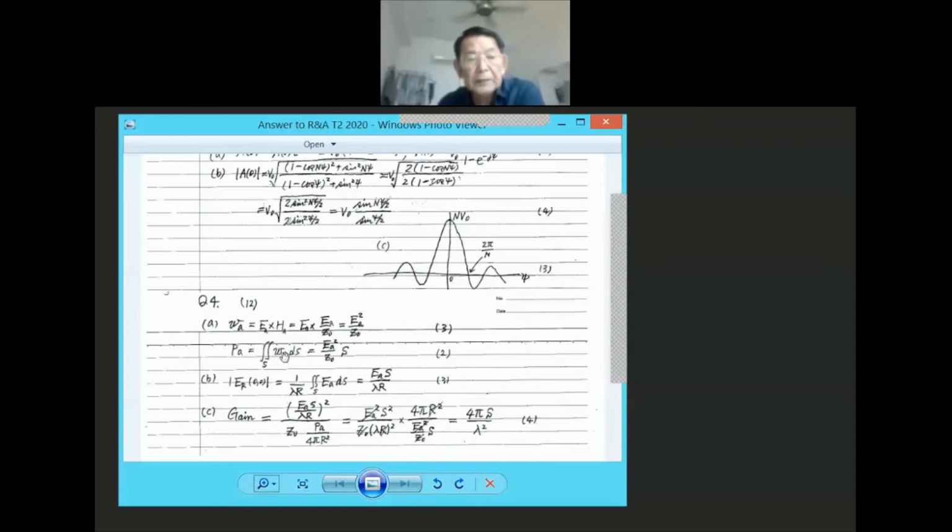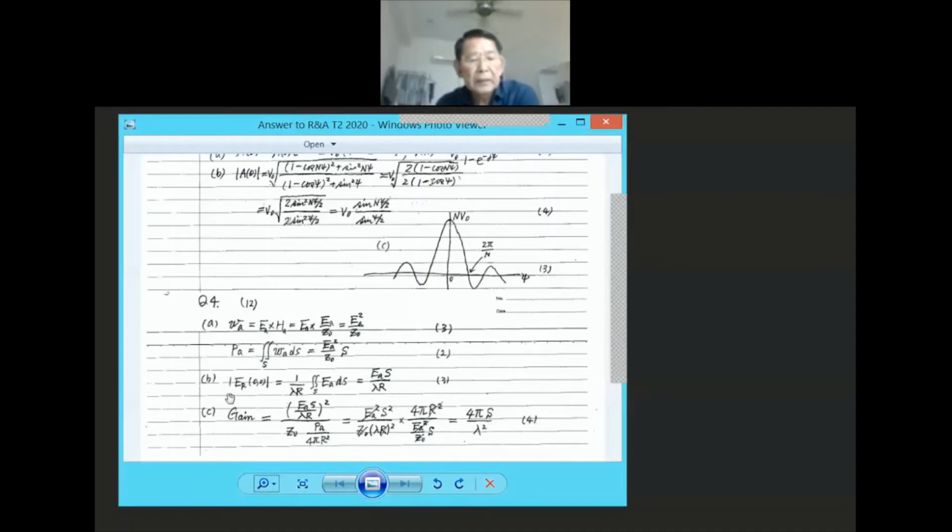In the antenna aperture, the electric field is constant, so omega A is constant. So only this integral becomes multiplied by the area of the aperture. This is the antenna power.